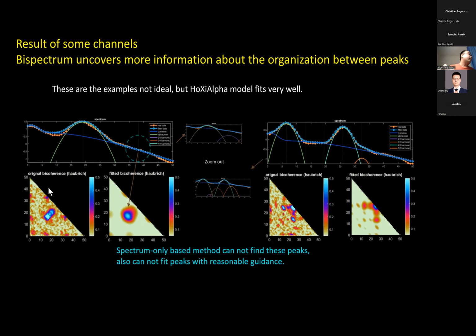But if you only fit with the spectrum, you cannot find the peak here, and you also cannot know they are phase coupled in the signal. And here is another example where you can see two larger peaks and some other harmonics. But in the bicoherence, you can see the two large peaks are not phase coupled.